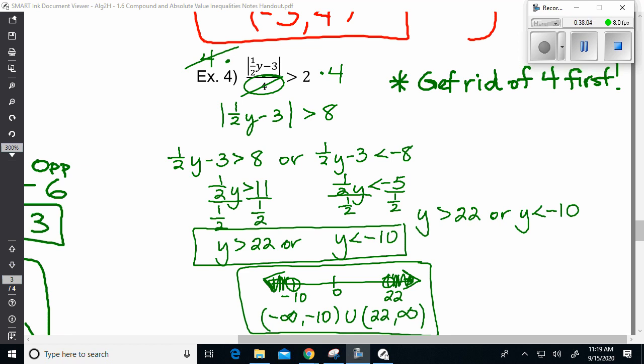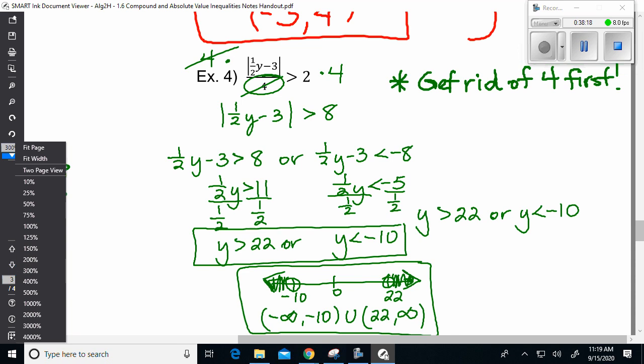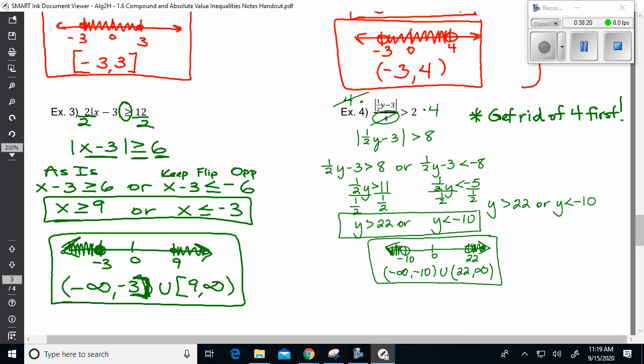And that is that. Questions? Problem number 4. Again, I put the 1/2 in there just for you all to think that it's hard. It's not that hard. It's not that bad.